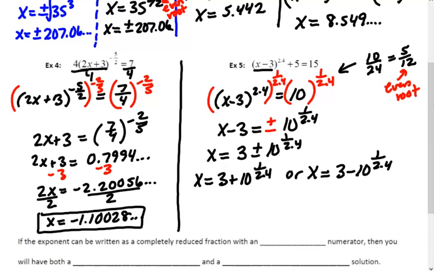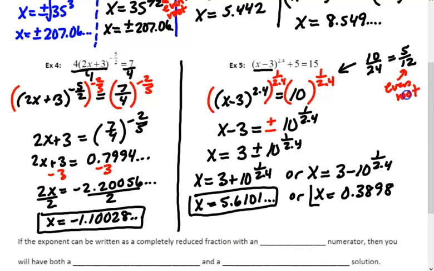So if I calculate both of those numbers, I end up with x equals 5.6101 or x equals 0.3898. So there are two solutions to this equation.